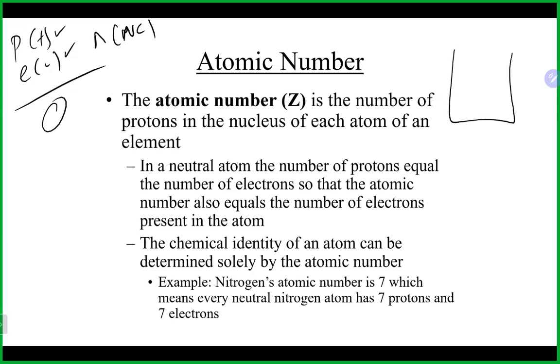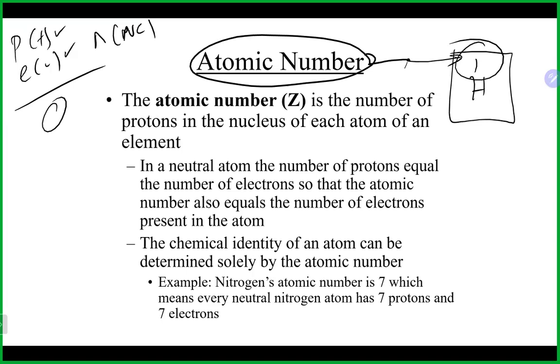Where can you find the atomic number? Well, right up there on the periodic table. That would be the number right up on top. So the number up on top of the symbol on the periodic table is the atomic number. If you look at the periodic table there on the wall and you look at all the numbers that come above it, do any of the numbers repeat? They do not.